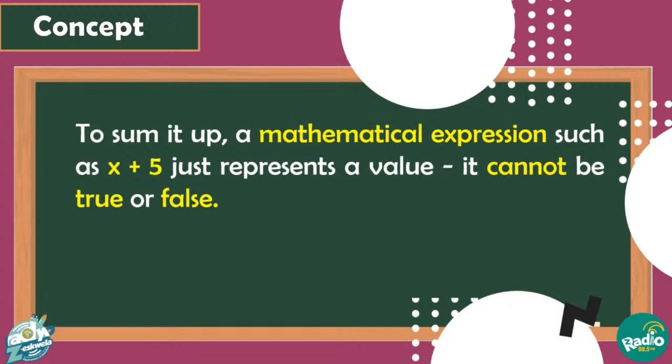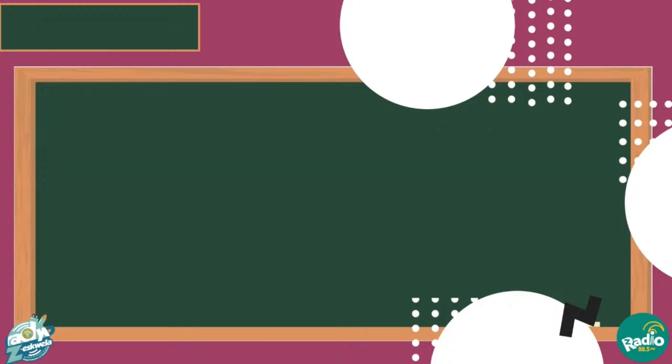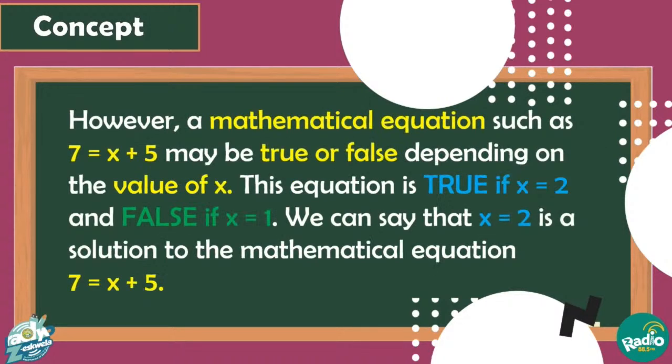To sum it up, a mathematical expression such as x plus 5 just represents a value. It cannot be true or false. However, a mathematical equation such as 7 is equal to x plus 5 may be true or false depending on the value of x.